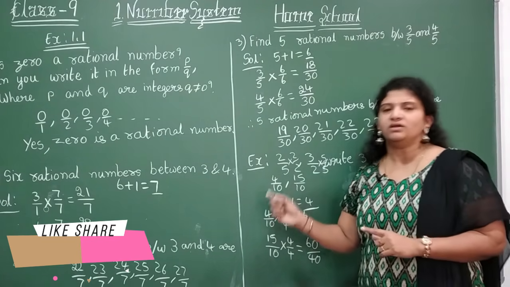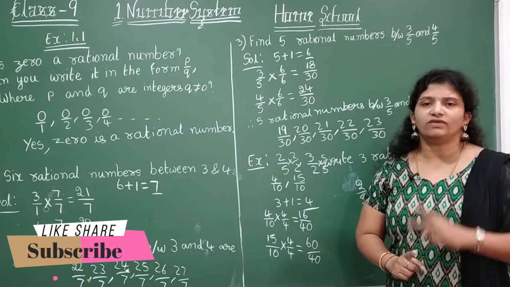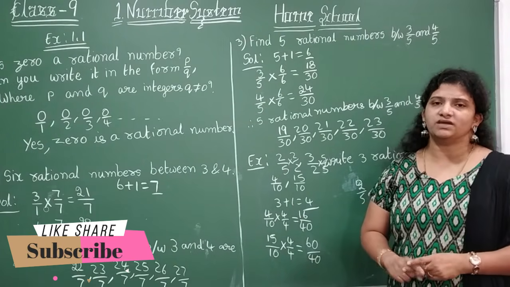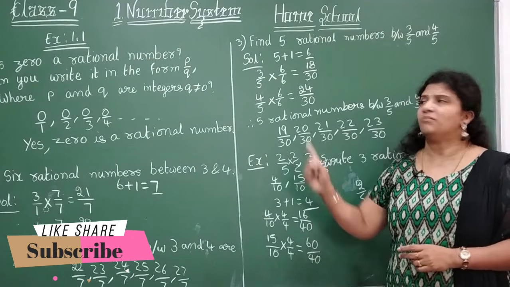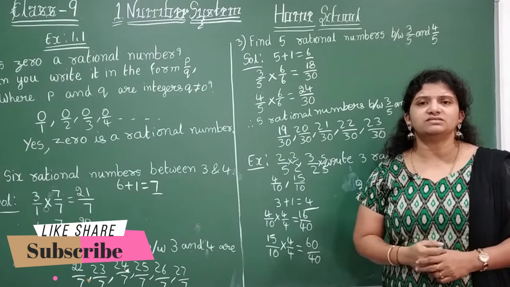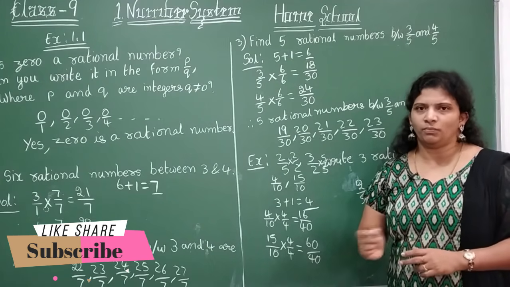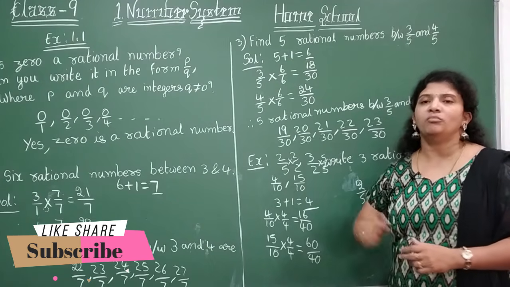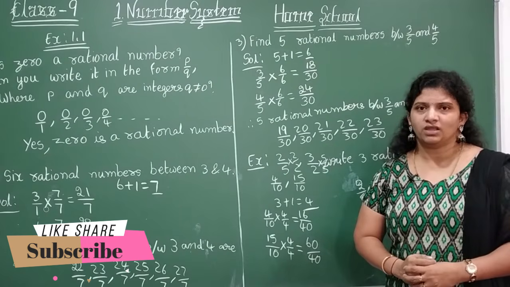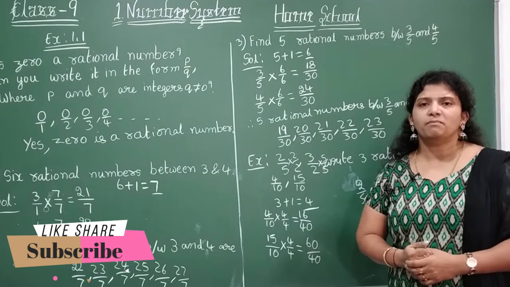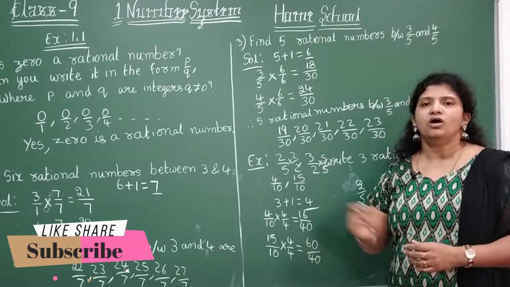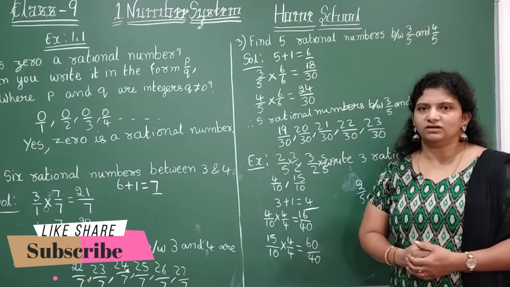Once again I repeat, first thing you need to do, if any 2 rational numbers are given, observe their denominators. If denominators are the same, however many numbers are asked, increase that by 1 and do the problem. Suppose denominators are not the same, so what you need to do, try to make them the same by multiplying by the opposite denominators.